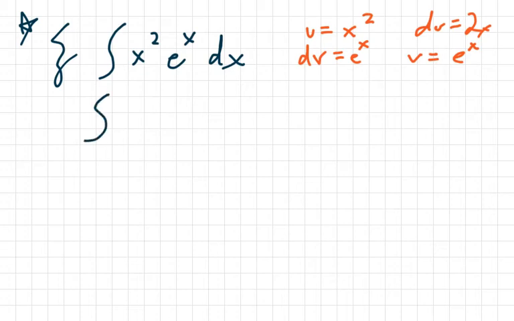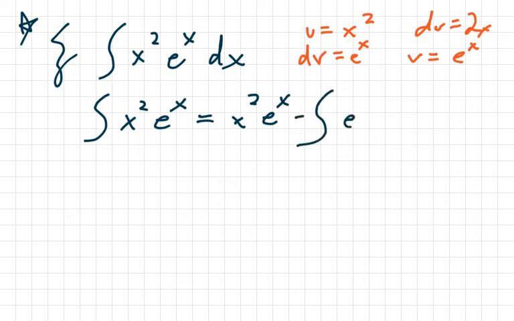So we're going to substitute everything in. So here's my u dv equals u times v, so x squared e to the x, again, that part's done, minus v du. I'm going to reorder that just because I don't like having that e to the x first.